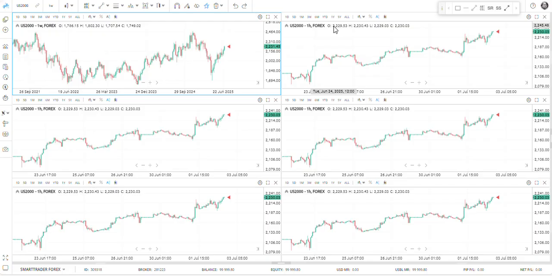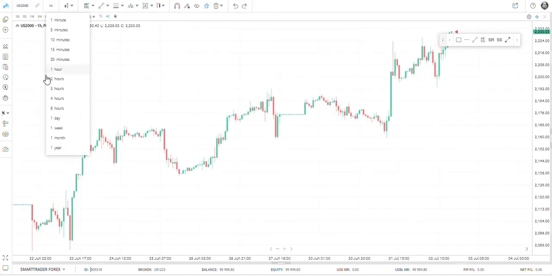This version that I have, or this level I guess I should say, allows me to have 6 frames. I use the first frame for my monthly, weekly, and daily, and then I use this frame as my 8-hour.